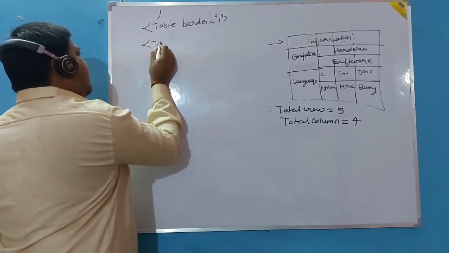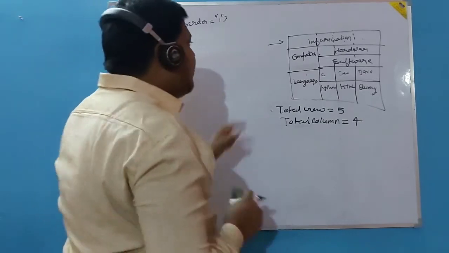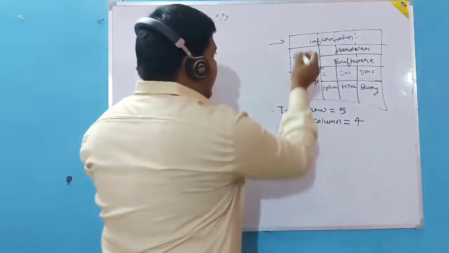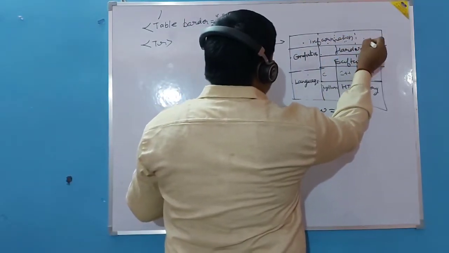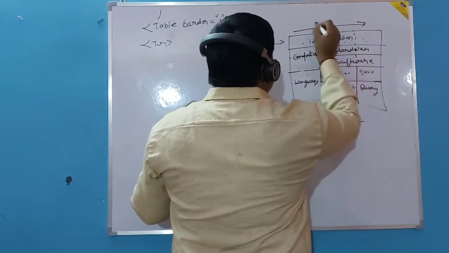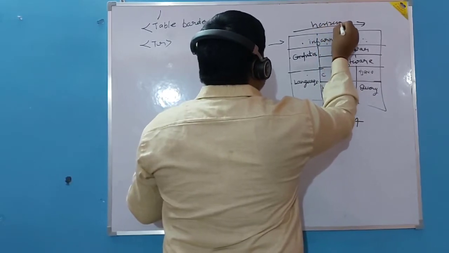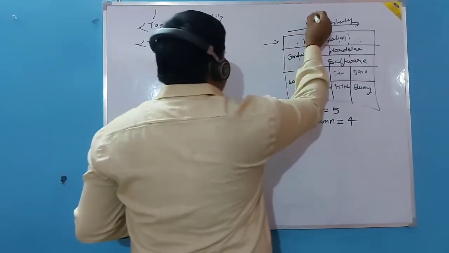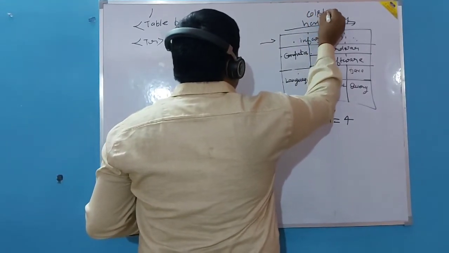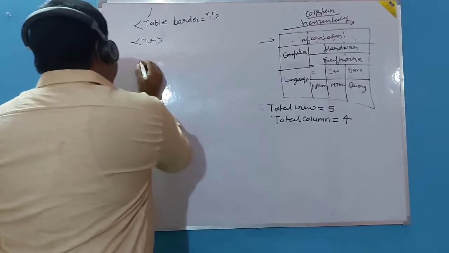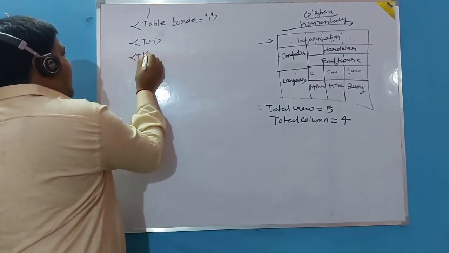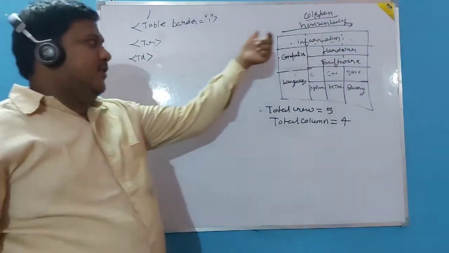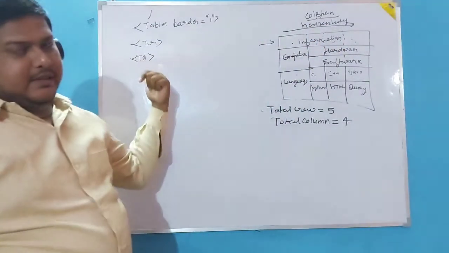So in this row we have one cell, and that is a merge of 4 columns. Look here, column 1, column 2, column 3, column 4, and merging in which direction? Horizontal direction. So if it is merging horizontally, which attribute do we use? Colspan. So I will write here TD or TH. If it is a heading, we will use TH. If it is normal text, I will use TD.